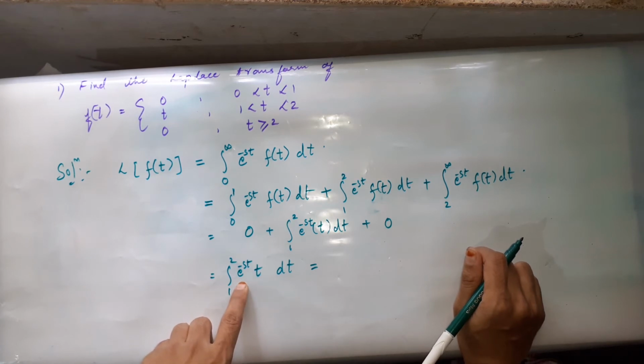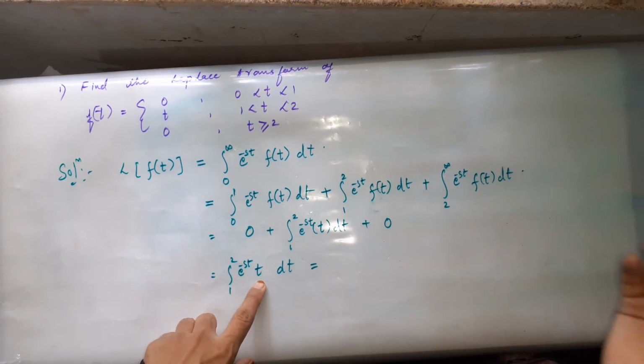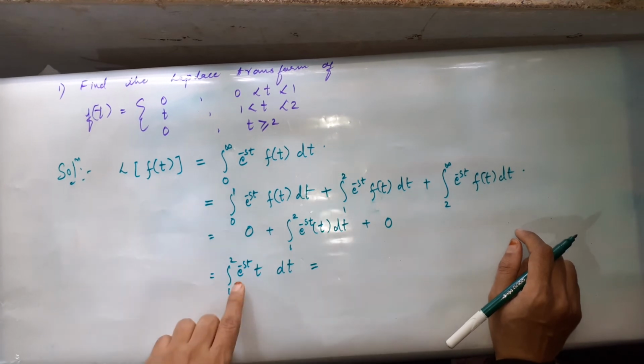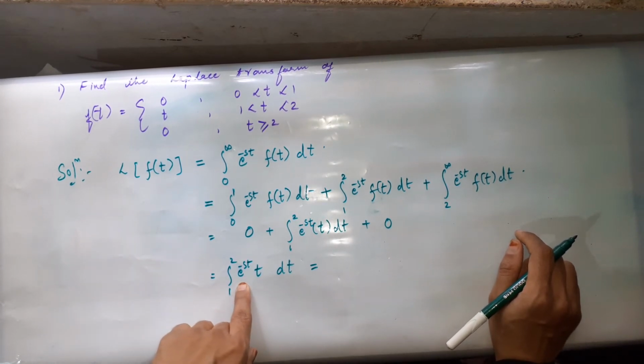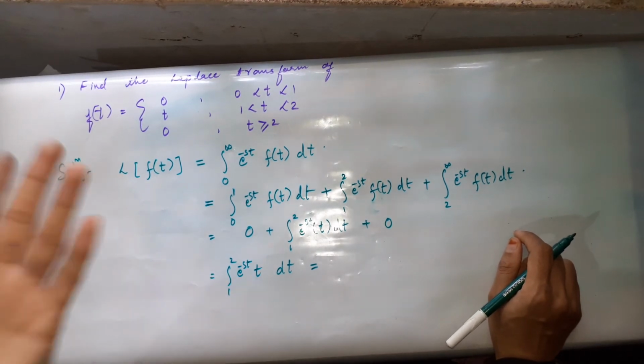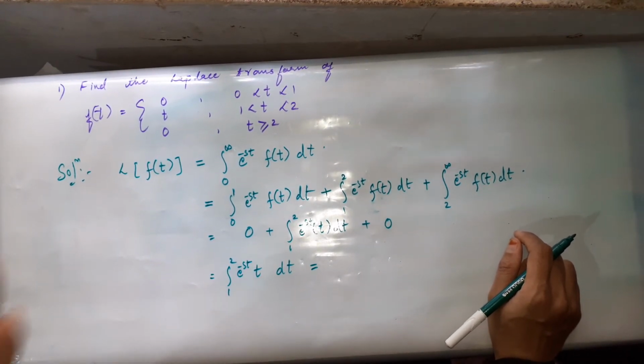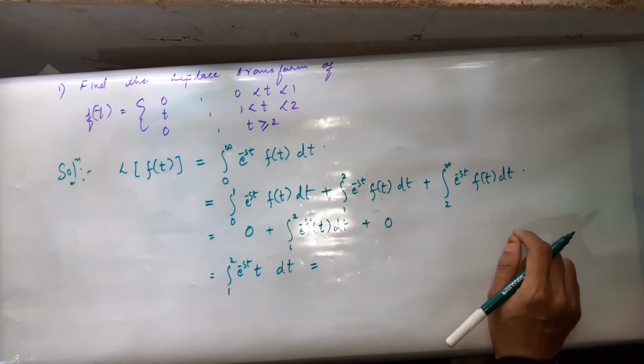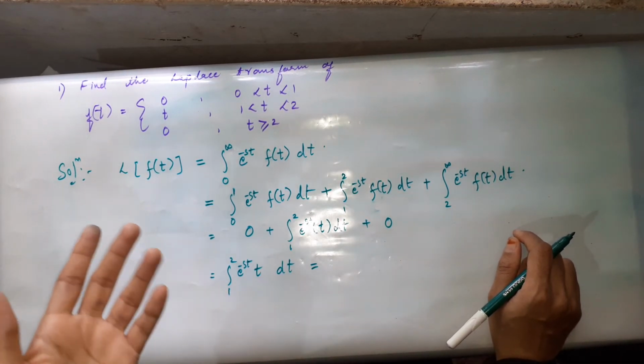Similarly, you can integrate t as many times as you want. How many times can you differentiate e to power minus st? Infinitely many times, because the derivative of e to power x is e to power x.